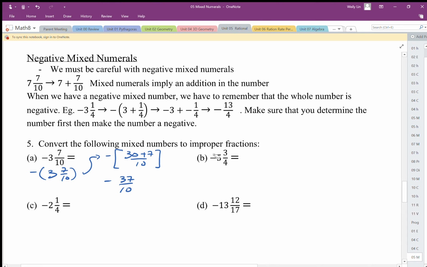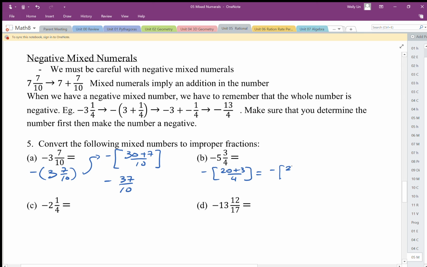When we have a negative mixed number, just don't multiply and add, because we're going to end up with the wrong answer. So we do the 5 times 4 plus 3 first, and then we include the negative. So this is going to be negative 23 over 4.